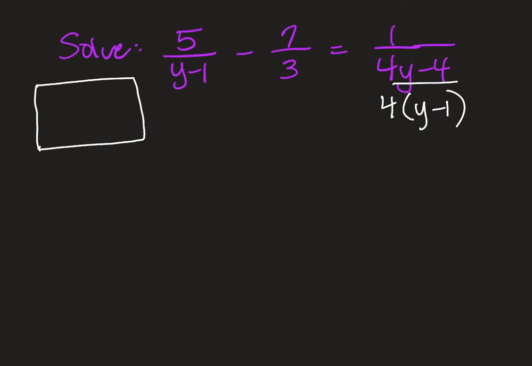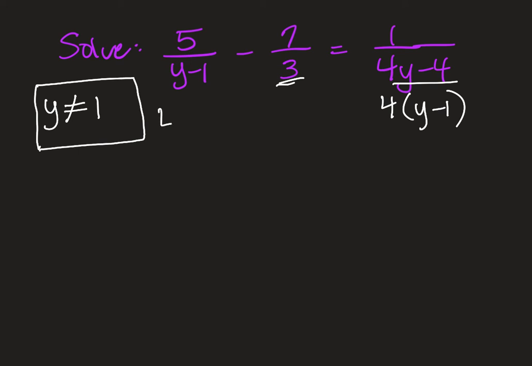So once I have that factored, I can see that the only value that y is not allowed to be is 1. Because I've got two factors of y minus 1, and both of those are undefined if y is 1. We don't have to worry about this denominator of 3 because it doesn't have a variable in it. That denominator is never going to be undefined.